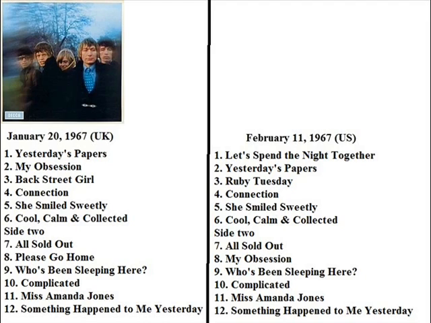The UK version has Backstreet Girl and Please Go Home, and then the US one has Let's Spend the Night Together and Ruby Tuesday. They just don't have all those four on one single album. Some of the track listing is a little bit different, but it's just with the songs that were swapped. But I would say, as of right now, I prefer the US version because I love Ruby Tuesday and Let's Spend the Night Together. But I haven't heard the UK version yet.